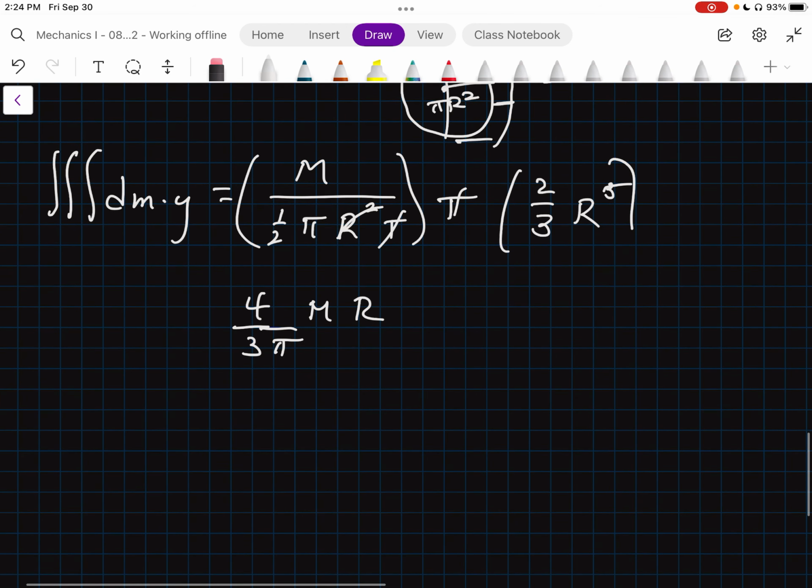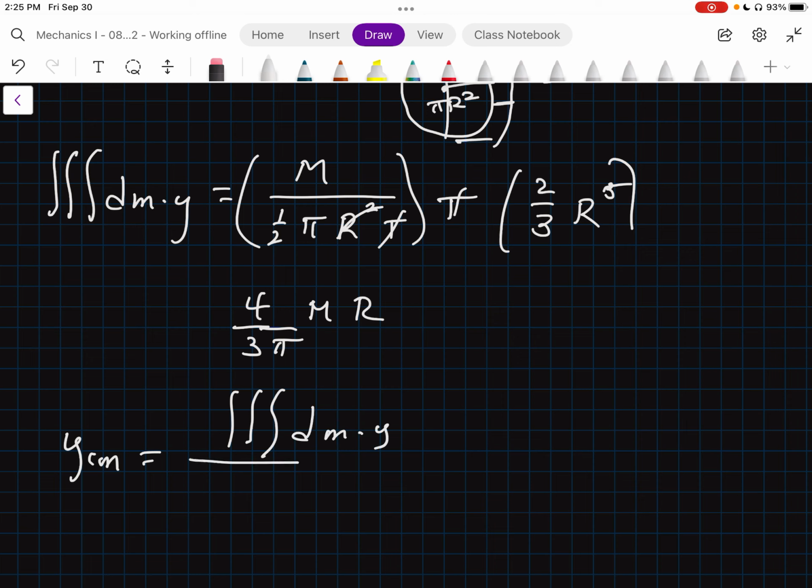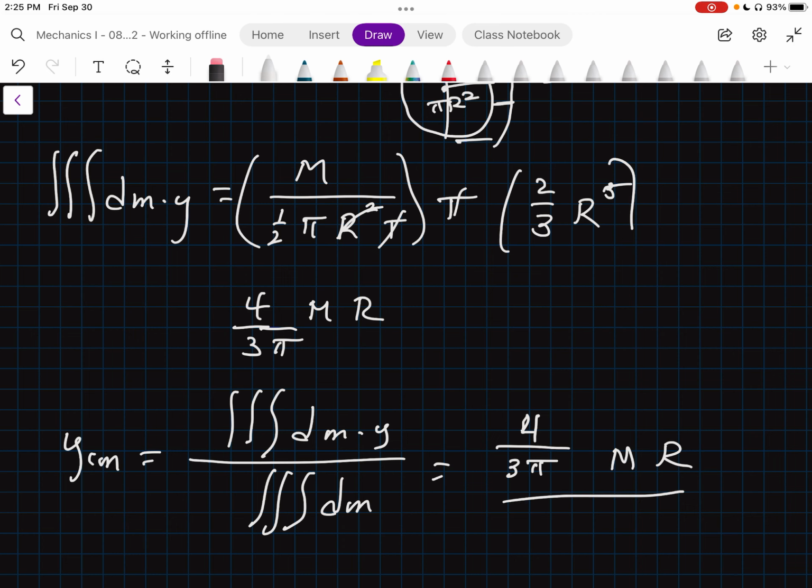Okay, and then finally, the y coordinate of my center of mass is going to be this integral, right? That's all the mass elements weighted by their y position divided by the total mass in the bottom. So 4/3 pi mass times radius divided by the mass.